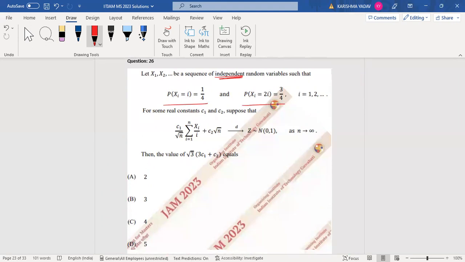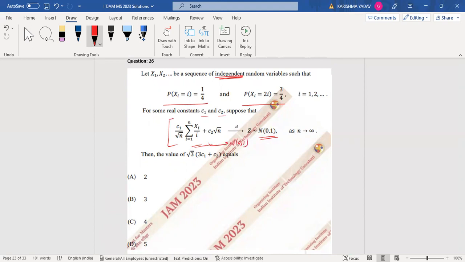For some real constants c1 and c2, suppose that c1 by root n times the sum of xi by i plus c2 root n converges in distribution to Z, which is normal 0 comma 1.